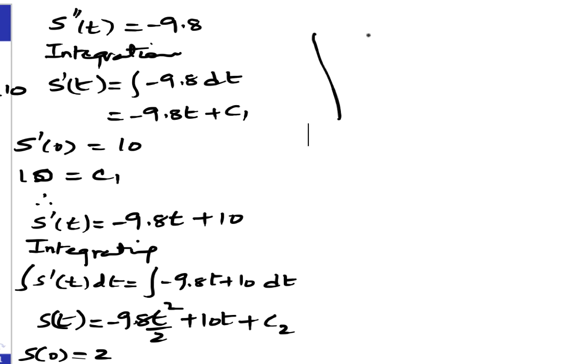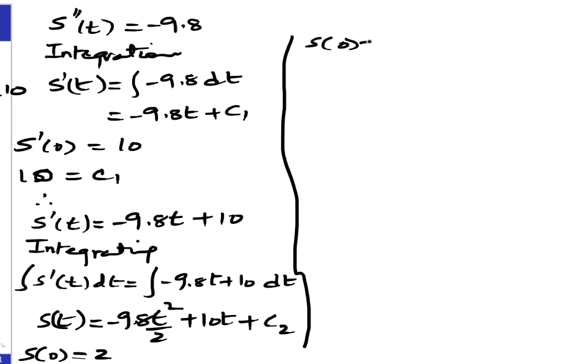We get s of 0 equals 2 equals, on this side when you plug in t to be 0, everything is 0 except c2. So my c2 is 2.